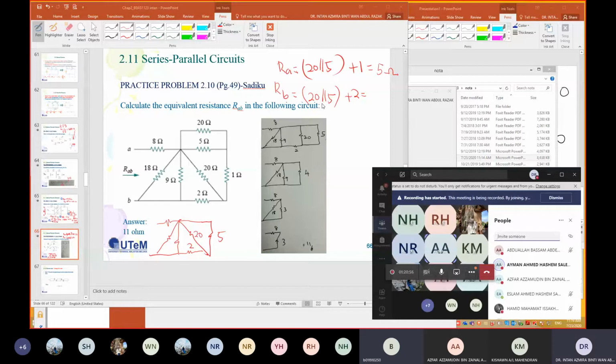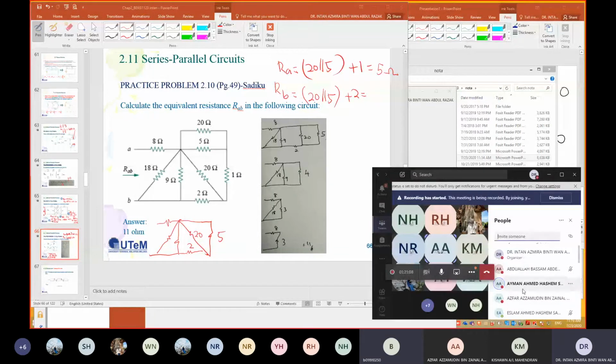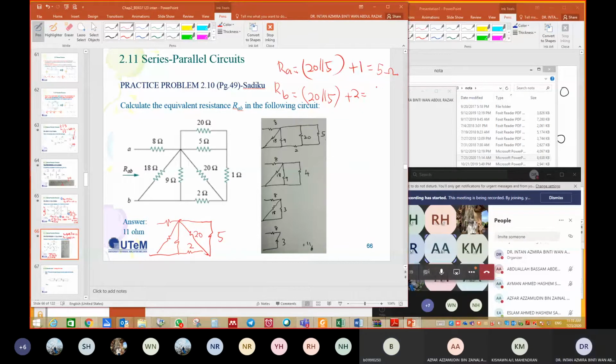Calculate 20 parallel with 5 plus 2. It's 6. So many voices there. It's 6 ohm. Right? It is right. Yes, 6 ohm. So 6 here, not 4. It's 5 parallel 20, 4, plus 2, 6.